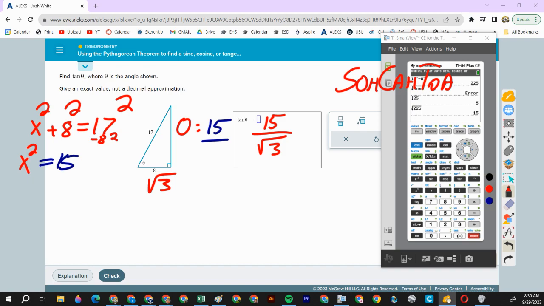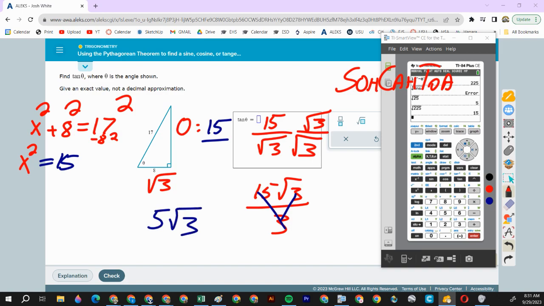So I times the bottom by root 3, which means I need to times the top by root 3. And the top becomes 15 root 3, and the bottom becomes 3. Can I cancel those 3's? No. Can I cancel a 3 out of those? Yes. So we pull out a 3, and I get 5 root 3, like that.